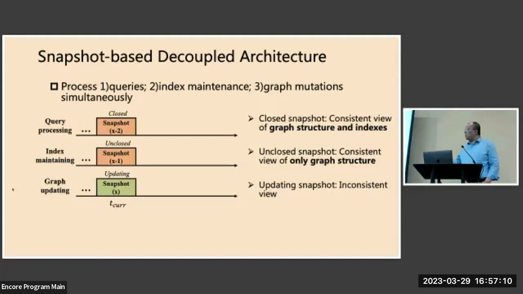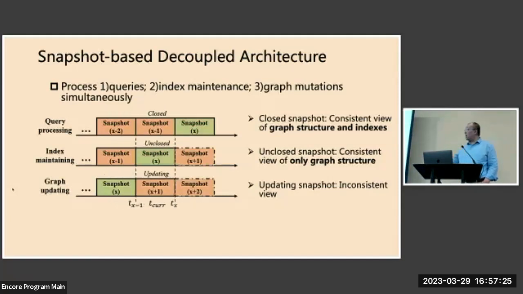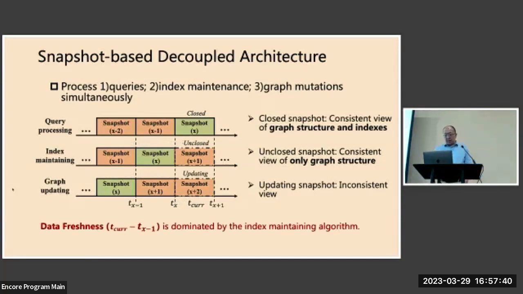And the current update is performed on this version. So this is to accept the update. And then when we finish updating the index for a batch, we can move on to the next, so that the previously generated version with the consistent graph index can be used for the graph query, right? So we can move up. And so essentially at any time we have 3 versions here.